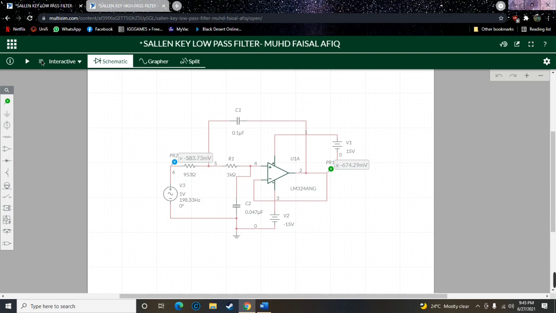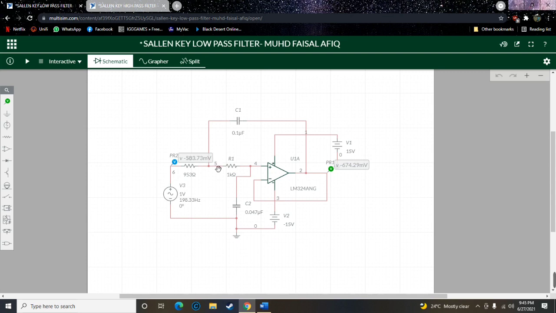So let's try with the Sallen-Key low pass filter. This is a second order Sallen-Key low pass filter. It's called second order because we have two RC sections. To simplify, we can just count how many capacitors are in the circuit. Here, after the 953 ohm resistor 1, it goes into a capacitor; this is one RC section.